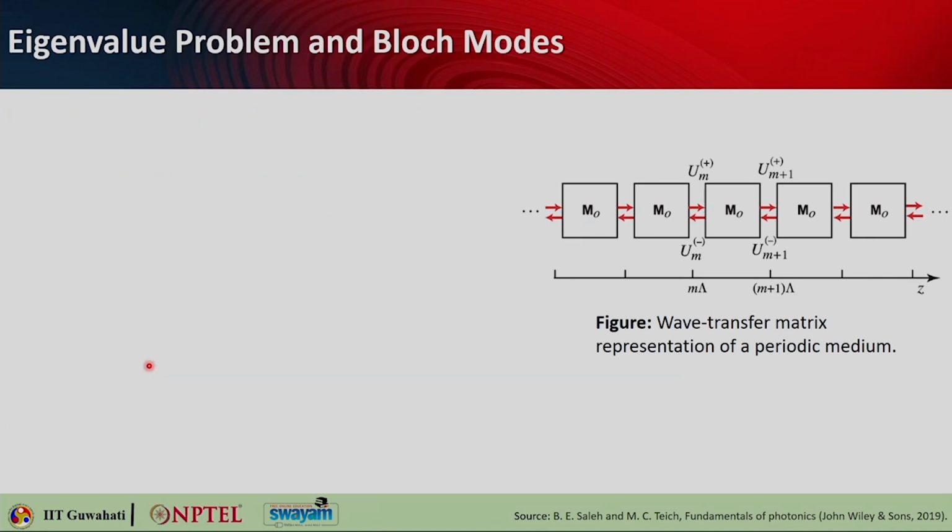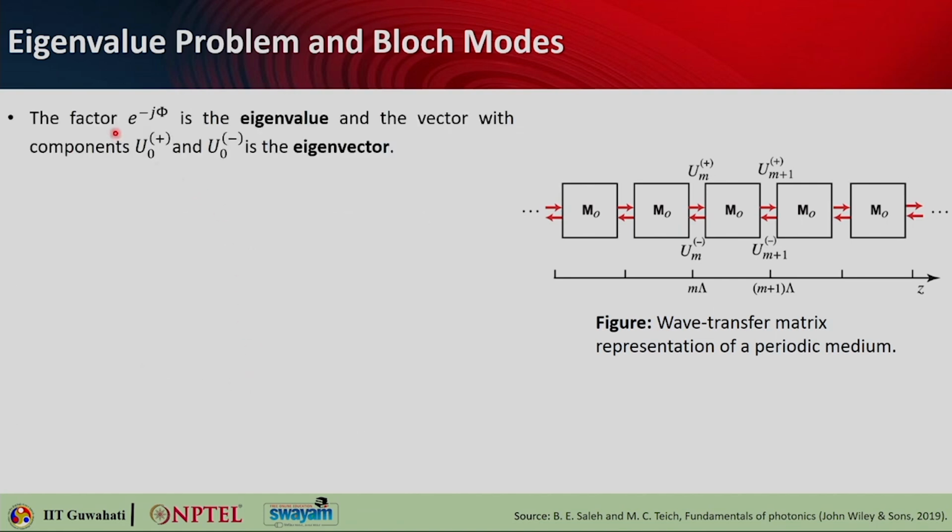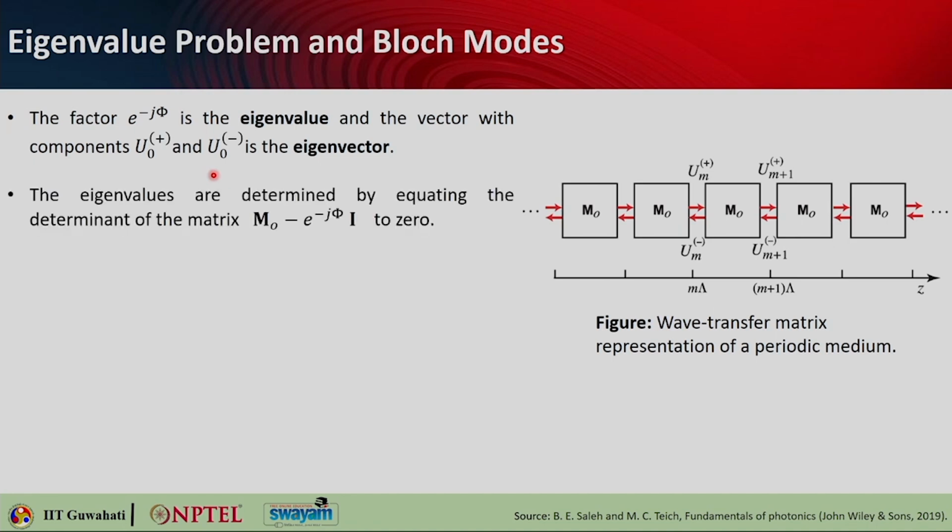Here, if you look into this particular equation, the factor e to the power minus j phi is the eigenvalue, okay, and the vector with components u0 plus and u0 minus is basically the eigenvector, right.